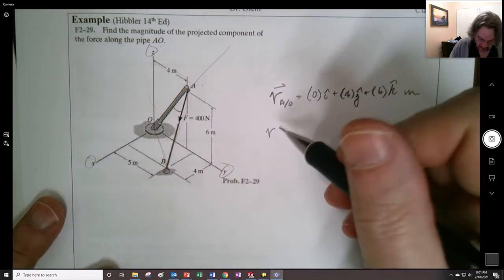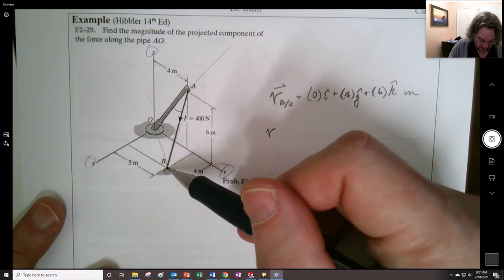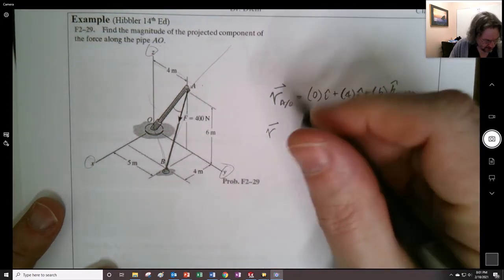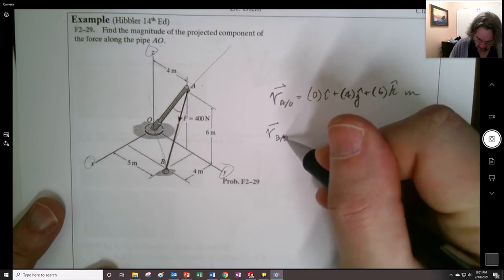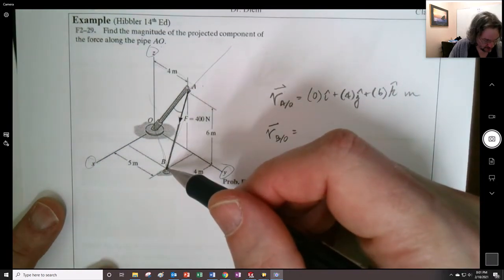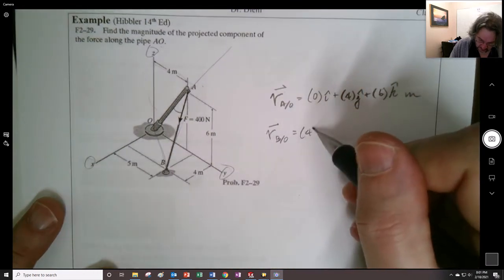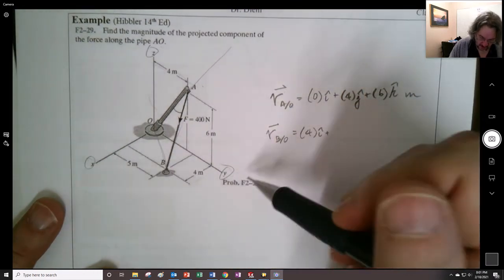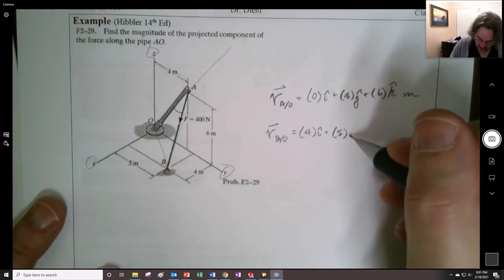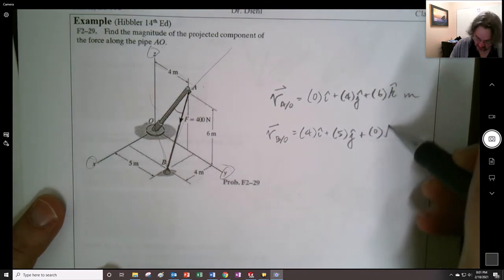I could also have found B with respect to A directly. But for some reason, I went ahead and did B with respect to O. And that's just going to be, again, x direction is 4. In the y direction, it's 5. And in the z direction, it should be 0, right? Yep, it is.